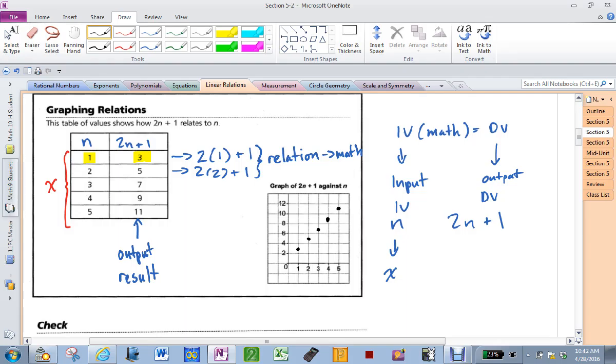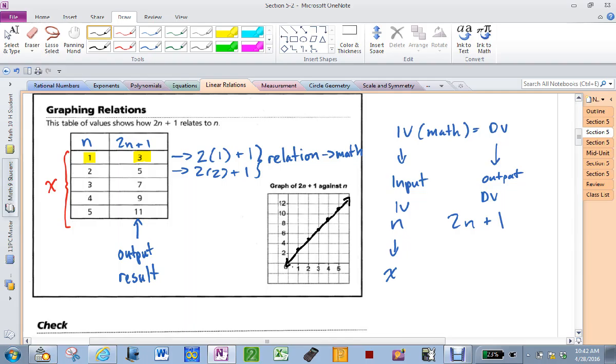Now, what can I do with those dots? I can connect them. Why? Because it's a straight line. Because they're all related. Because they are all related to n.